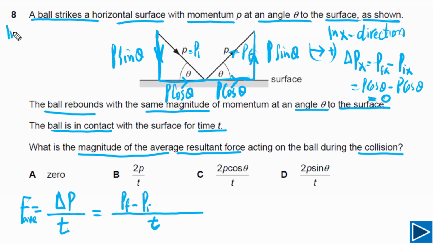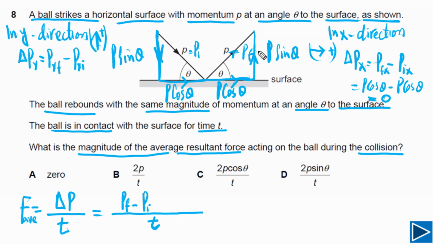Let's find the change in momentum in the y direction. Delta P in y direction is equal to P in y direction final minus P in y direction initial. For that purpose we need to take one direction as positive, because one momentum component is down and the other is up. We will take up as positive, so this component is positive and this one will be negative. Simply we plug in values.